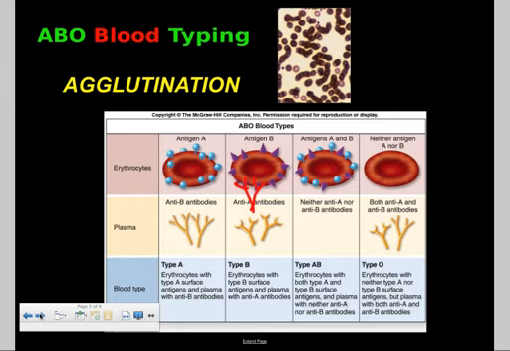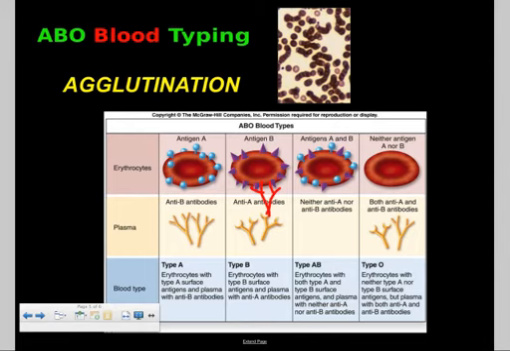This is just a fancier way of showing the diagram that I showed you. The idea here being that if you are type A individual, you have antibodies for type B. They are specifically going to latch on to the type B surface proteins.